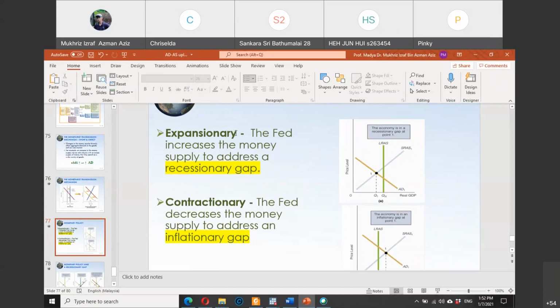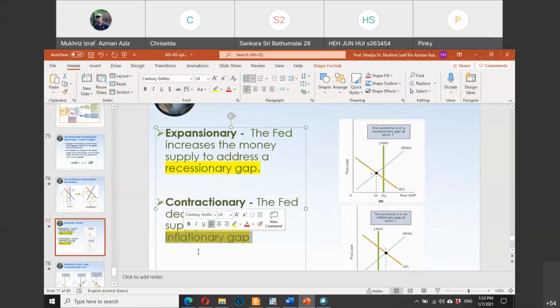Expansionary is always about the recessionary gap, meaning when the country is not doing very well, economic growth is very slow, and there is a lot of unemployment, as we discussed just now. Contractionary is usually to reduce inflation. So the word contractionary is usually partnered with the word inflation, and expansionary is usually partnered with the word recession. Just like in fiscal policy, for expansionary, the word Fed here is basically the central bank.